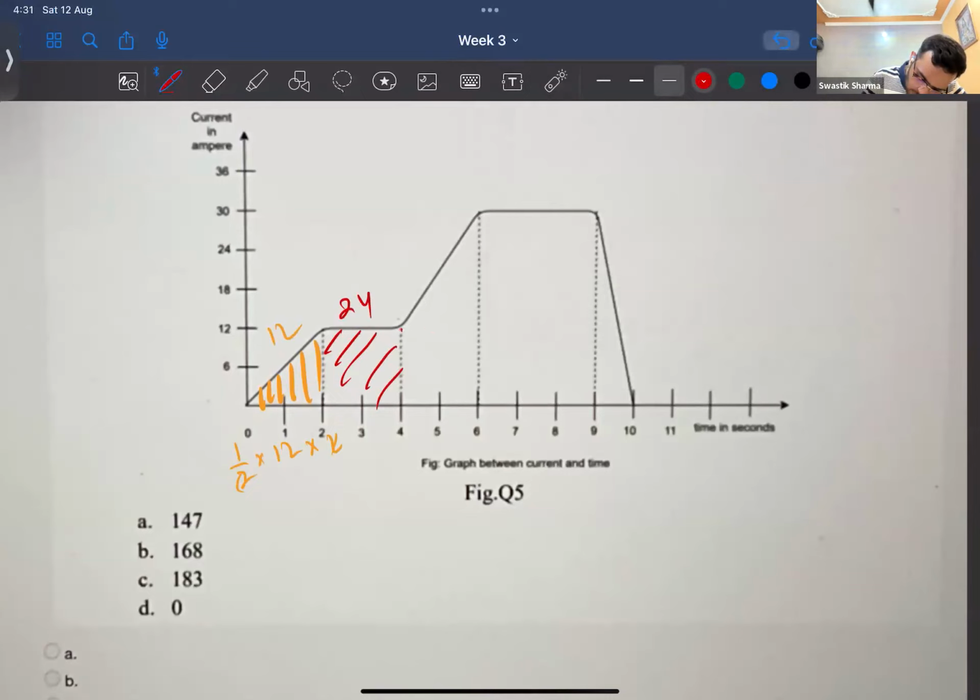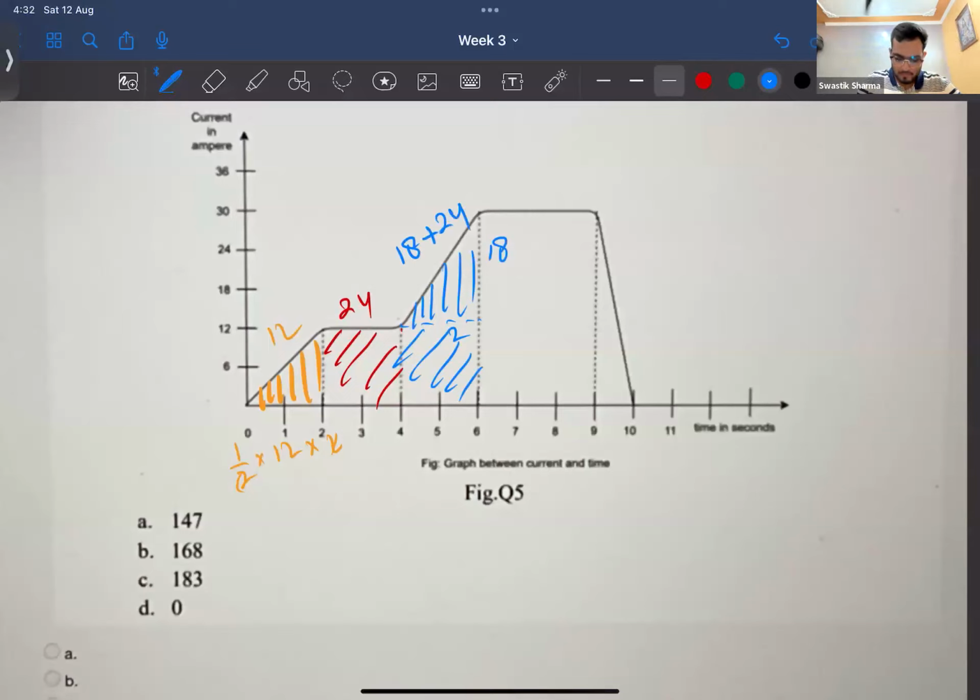Now we are required to find this area. So we'll divide it. There's this rectangle part, and there's this triangle and a rectangle part, right? So the triangle part is going from 12 to 30. This is 18. And the breadth is 2. So half into 18, so 18 plus 24, right? And this is also a rectangle.